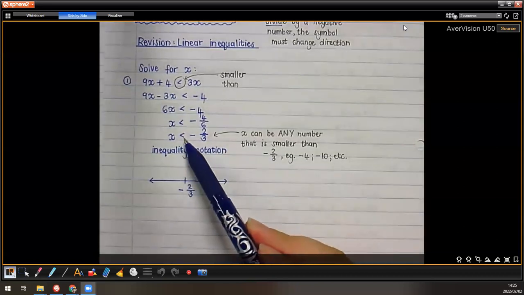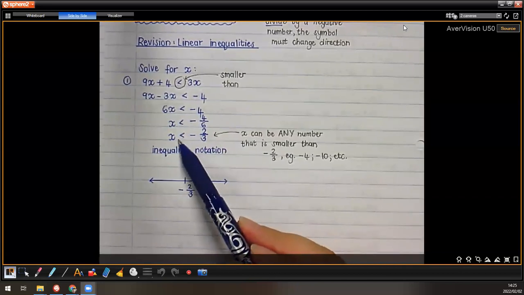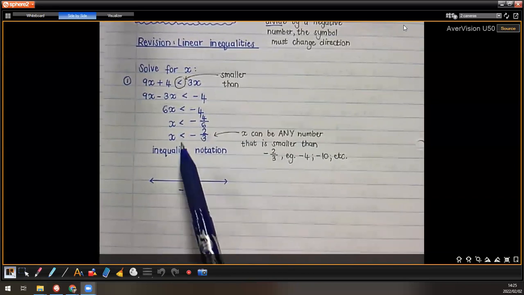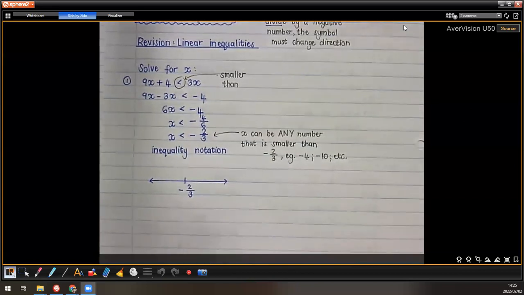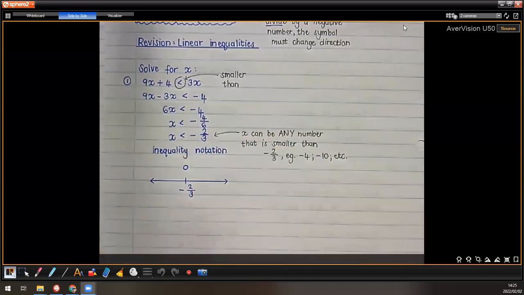Firstly, can x be equal to -2/3? No, do we all see that there's no line under the symbol? Okay, if there's no line, it means that x can't be -2/3, but x can be anything smaller than that. Okay, so we're going to put an open circle above -2/3 to show that it can't be equal to -2/3. Now guys, it has to be smaller than this number.